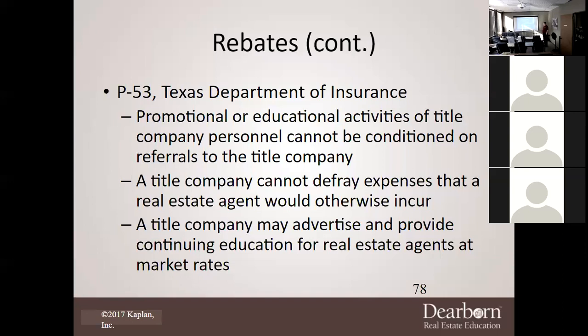There cannot be conditions. A title company cannot defray expenses that a real estate agent would otherwise incur, and a title company may advertise and provide continuing education for real estate agents, but they have to actually be paid for it. They cannot simply come up here and say, okay, guys and gals, I'm a title company and I'm offering free education to you.